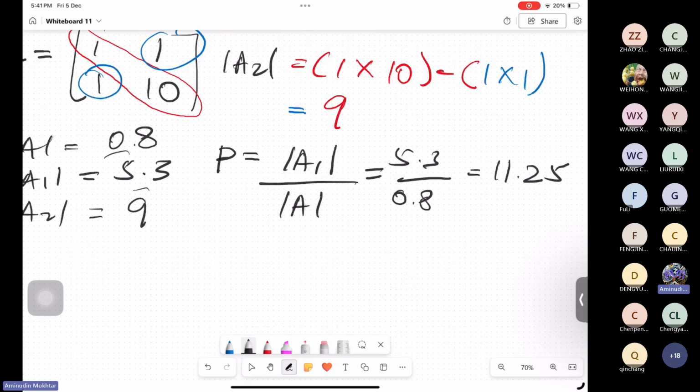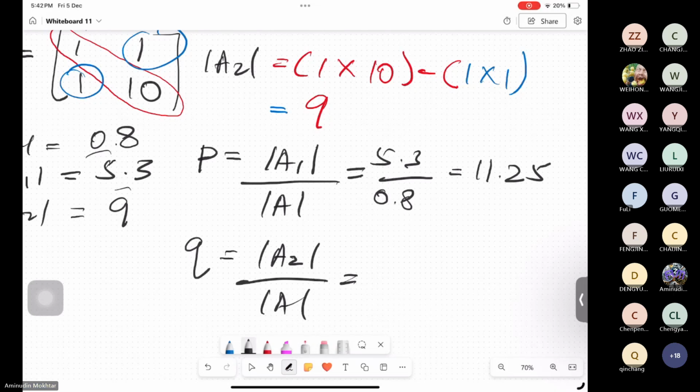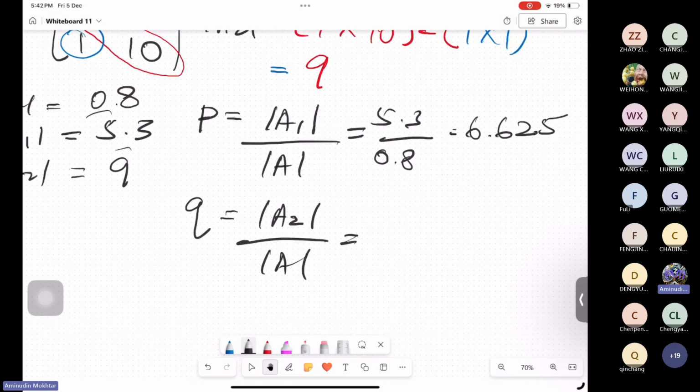And then for Q, since Q is the second variable, Q equals determinant of A2 divided by determinant of A, which is 9 divided by 0.8.